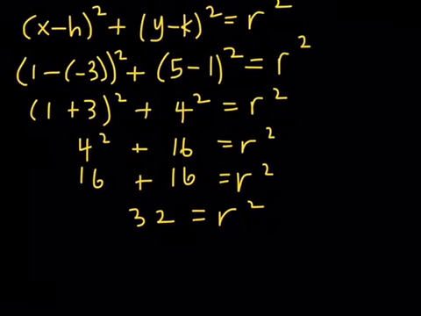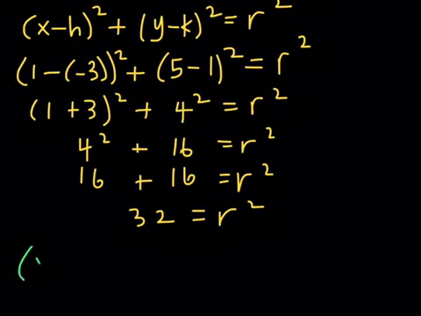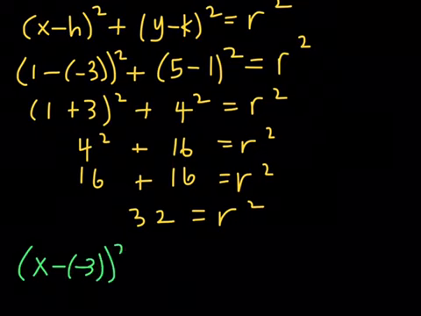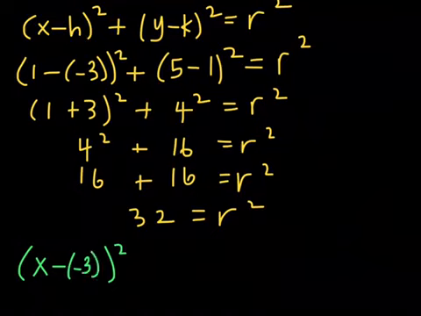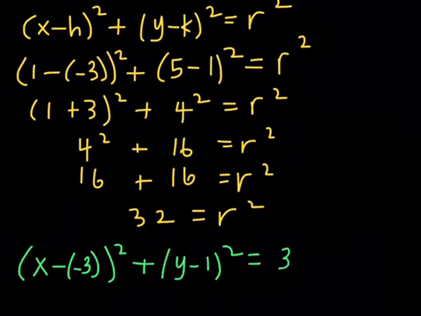I'll change the color just for our final answer. Our final answer will be x minus, remember what your h value is, -3, squared. Let me clean that up just a little bit there. Okay, I ended up erasing more than I wanted here. So then this is -3, plus y minus your k value, which is 1, and r squared is 32.